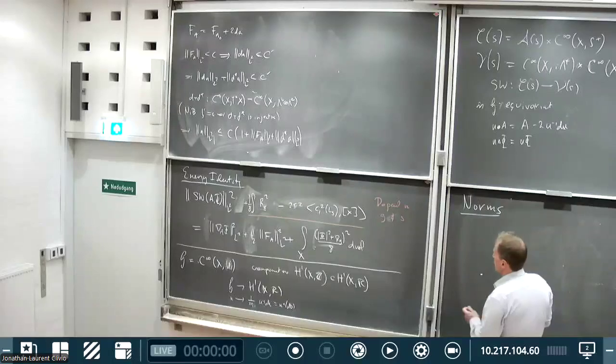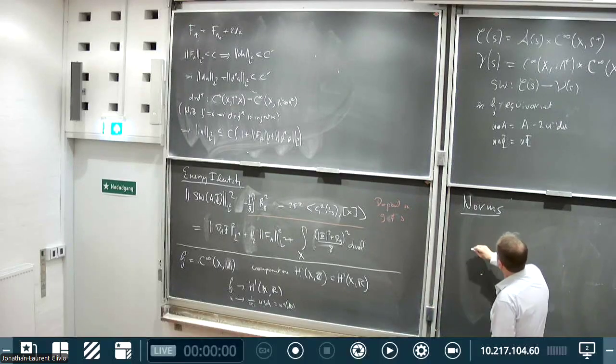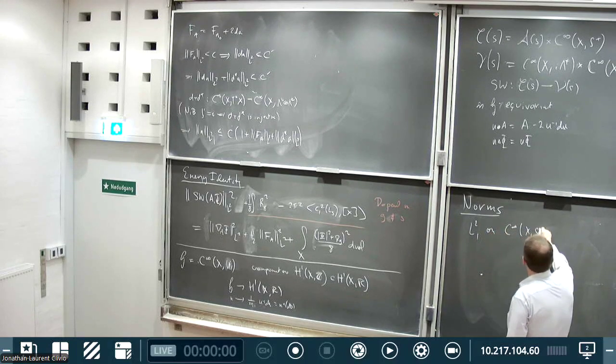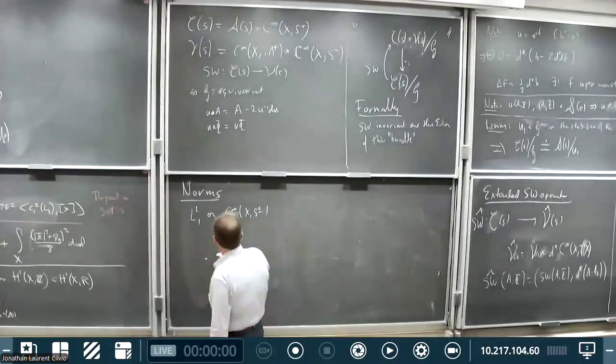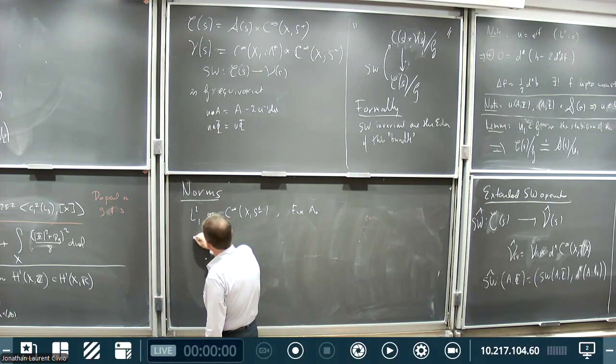Norms. So the L2 norm I assume is kind of obvious what I mean by that, but we need an L2 one norm. Again, it's fixing this A naught, and you write the L2 one norm on phi.